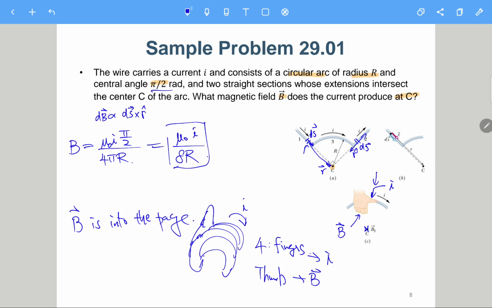I draw this very badly, maybe like this. So this thumb will point to the direction of the B field. So both ways you can find the direction of the B field.